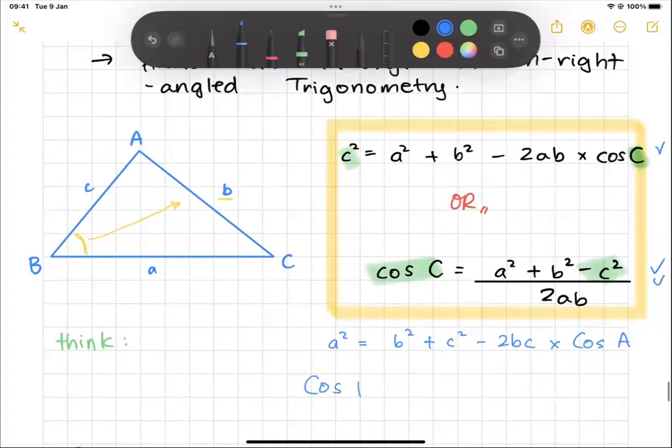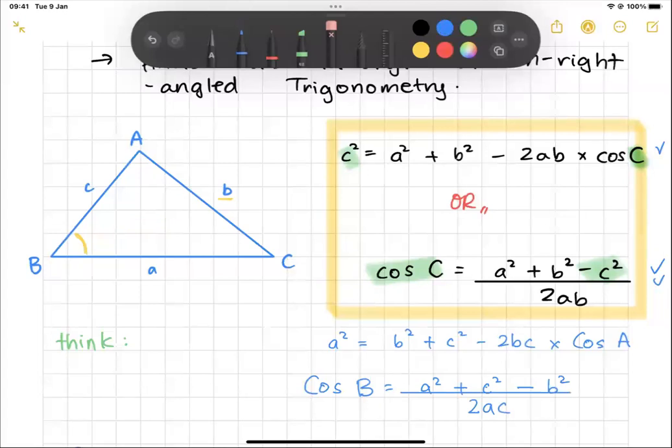It'll be cos B, angle B being the unknown angle I need to find, equals a squared plus c squared, minus our corresponding side squared, minus b squared, all over 2ac. This will make sense when we do the example and see why.